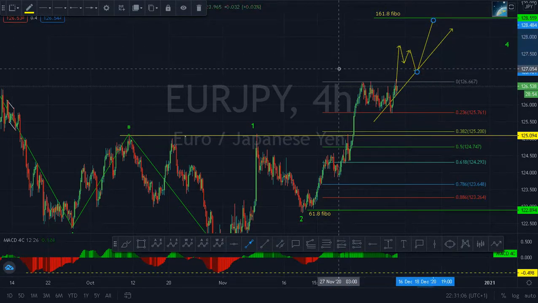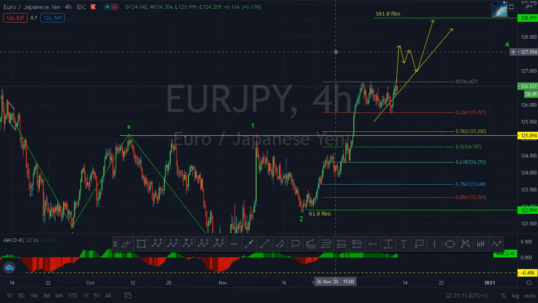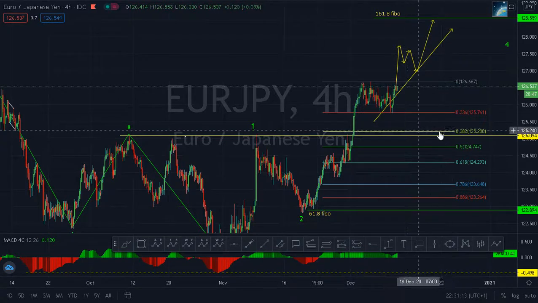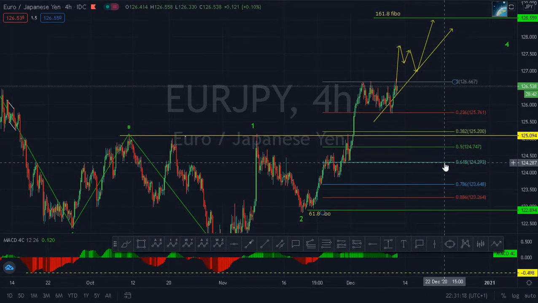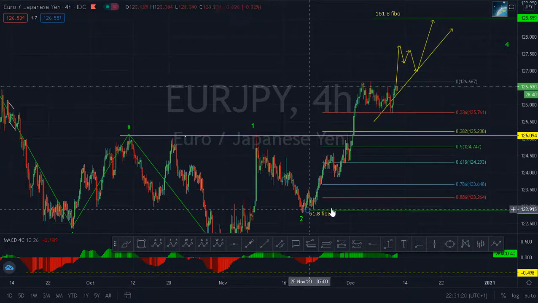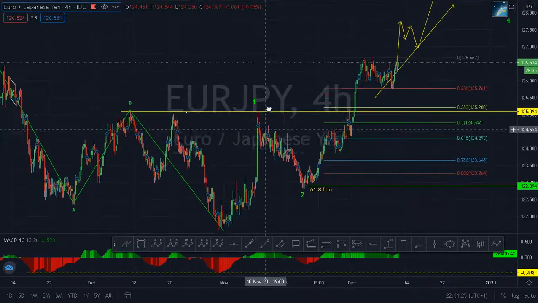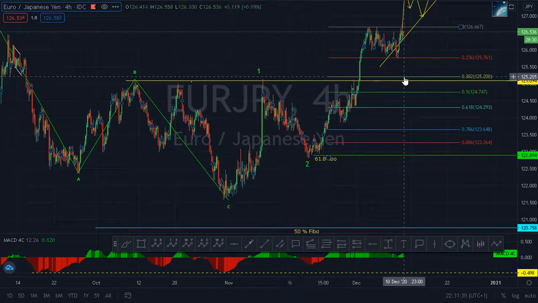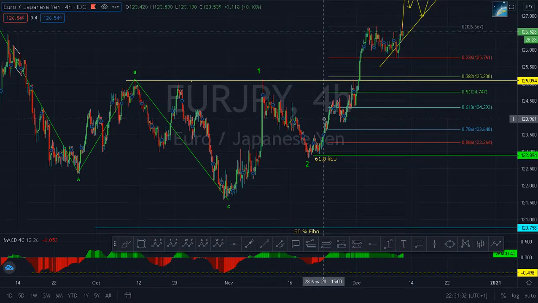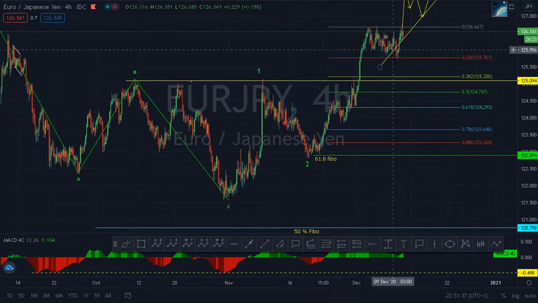But if not, I'll be watching it because I like to see a deep correction: 38.2, 50%, 61.8 before I buy. You see, this one touched 61.8 before it turned here and went up. So that is an ideal retracement for trading. With this short retracement, I will not buy.